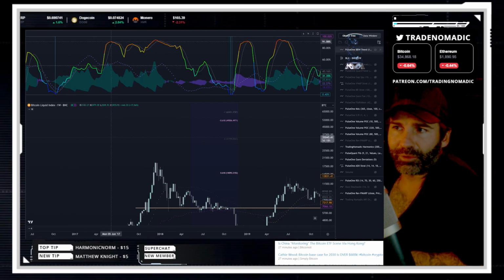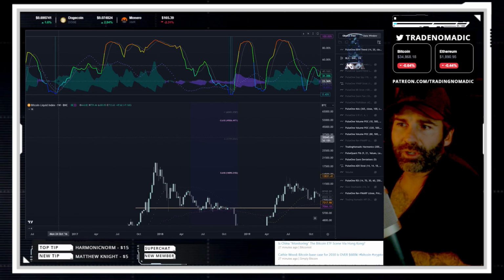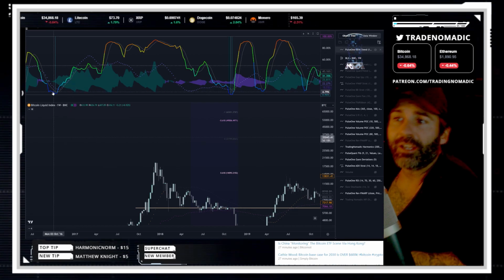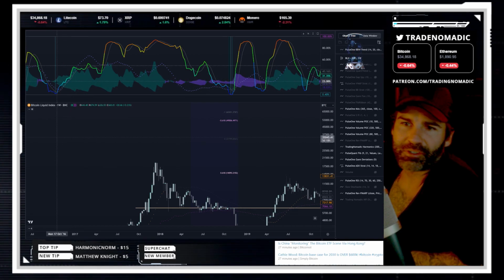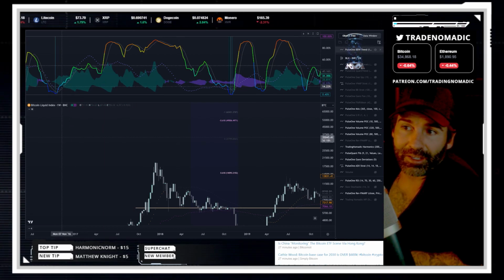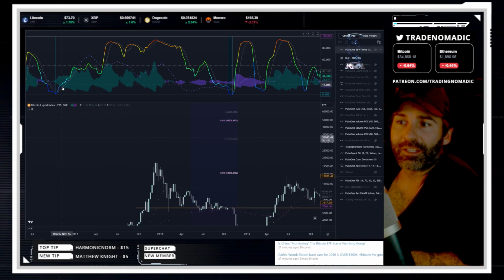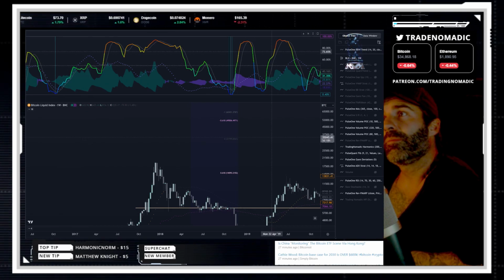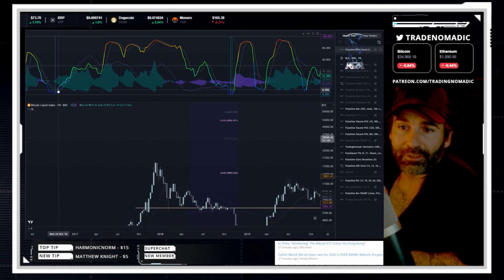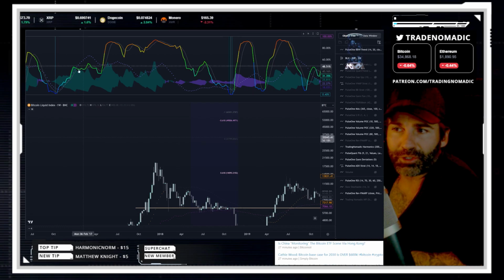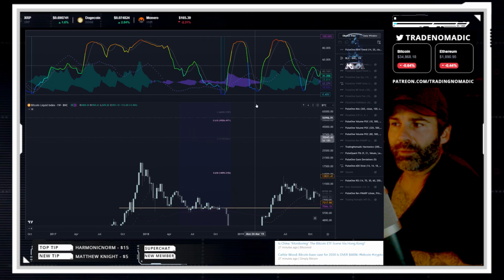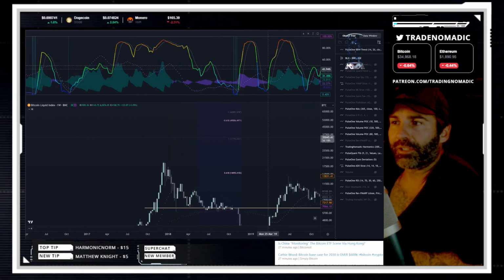In confluence with the BBWP, you would look at this in a fashion that when the cloud is green and volatility is expanding, especially if the DX cloud is also expanding, especially if the ADX, these are the purple dots, is rising and above 15. That would tell you that you are getting volatility expanding into a bullish trend, and that would be, you know, a time you'd want to get into the market. You'd want to be a participant in the market.